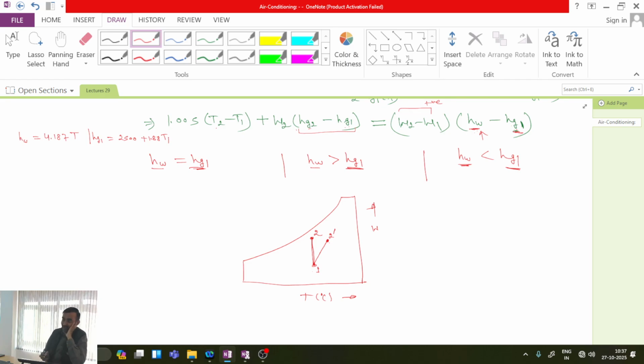On the other hand, if HW is less than Hg1, it means I am adding water droplets. When I will be adding water droplets, what will happen? Of course, water droplets as such cannot be sustained in the moist air. What will happen in this scenario? In this scenario, the enthalpy of dry air will be utilized to convert liquid water droplet into the vapor medium.